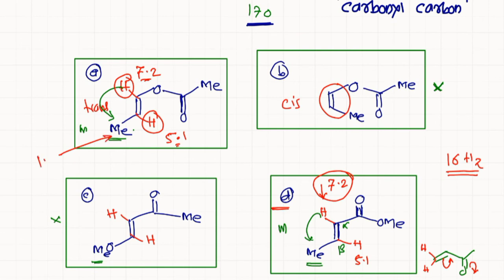So actually this is 1.8, and it is given as a doublet. Then another signal: you know that this methyl is attached to the carbonyl group, so the value should be 2.1.